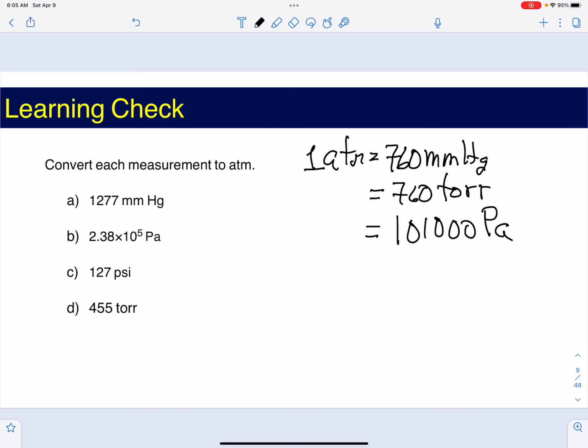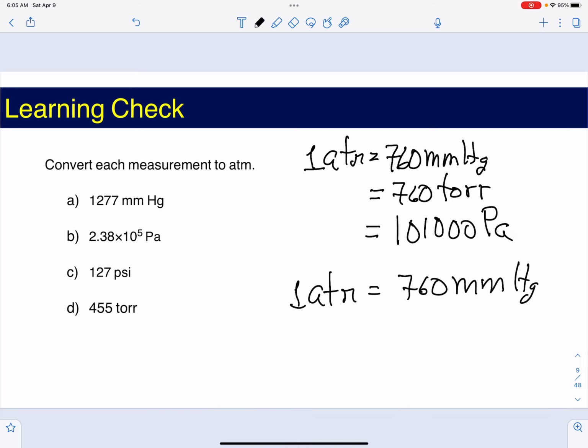and so on. So in your textbook, there's a table that tells you all the things that are equivalent. And notice that I said 1 atmosphere of pressure equals 760 millimeters of mercury.